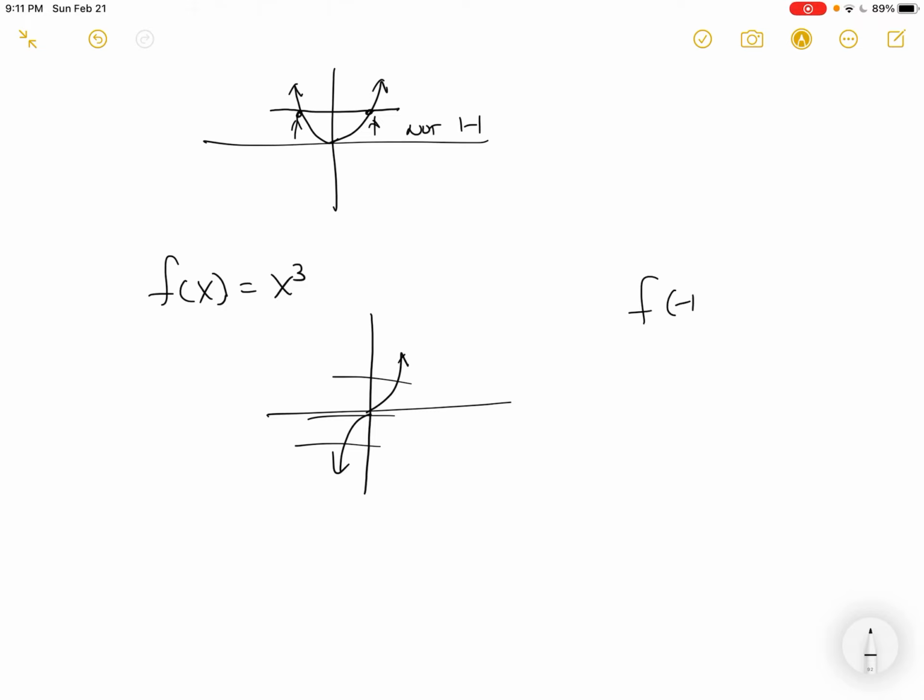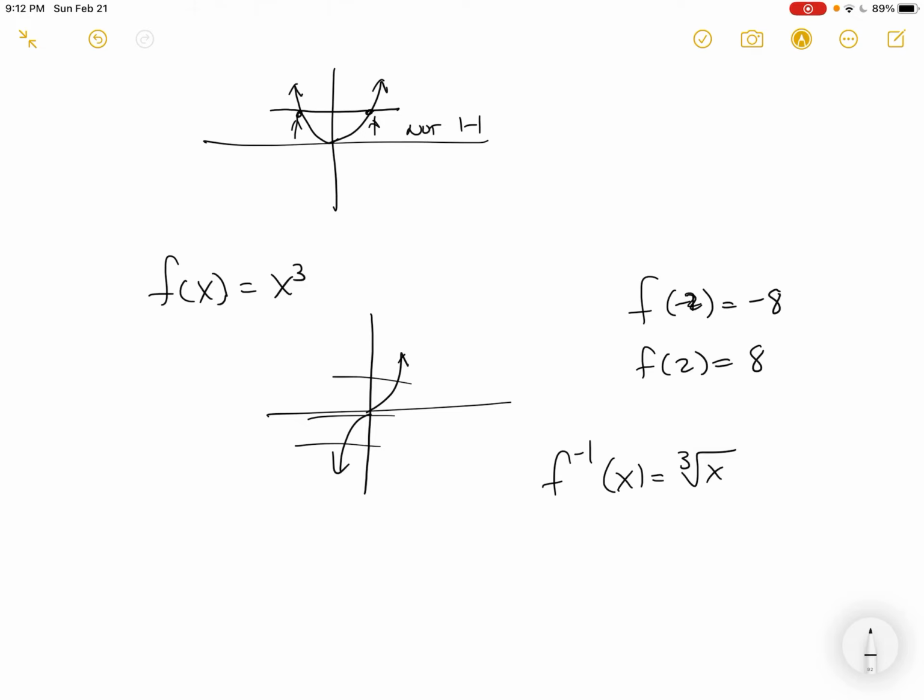What's f of negative 2? Well, it's negative 8. And f of 2 is 8. They're two different values. And we back up and can get to that guy. And you know what the inverse function is. The inverse function for this is the cube root of x. That's what would back it straight out.